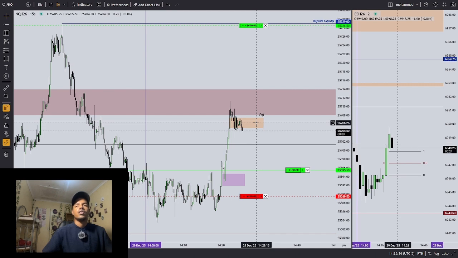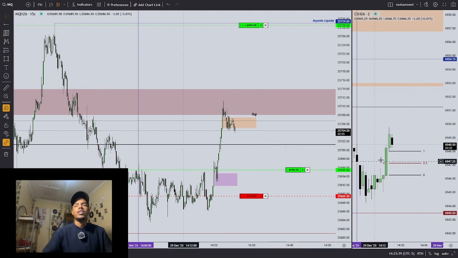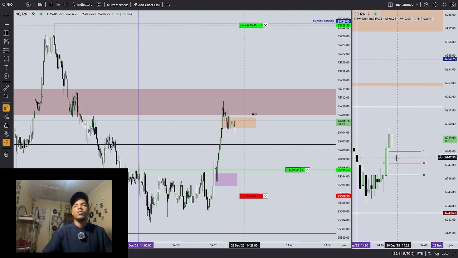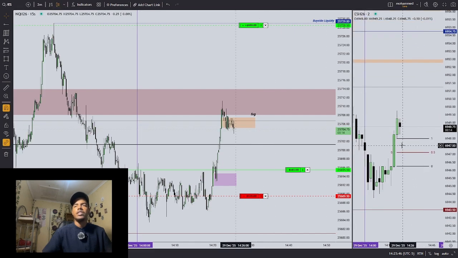Looking good so far. We don't want to see retracement back to the fair value gap on ES. We would like to see it open.